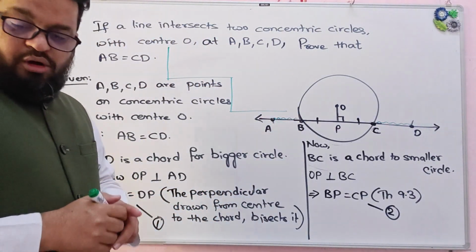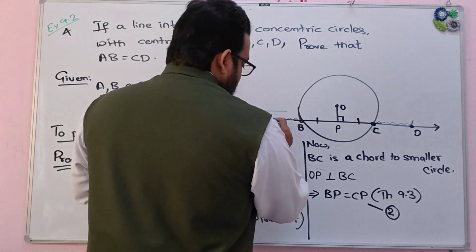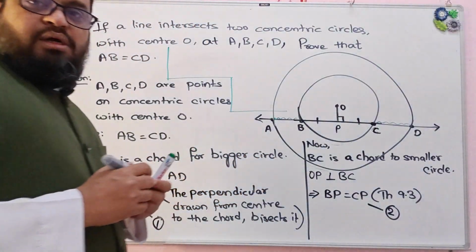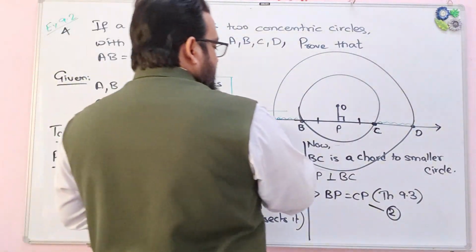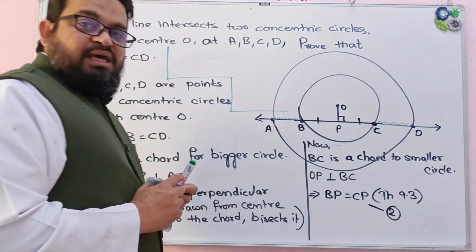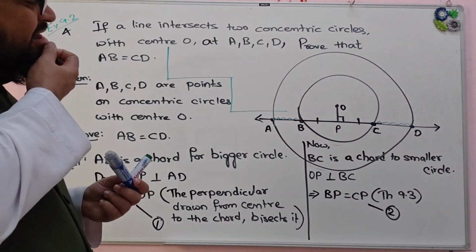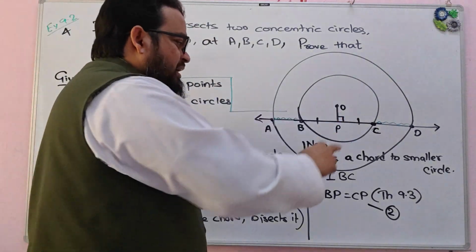So now let me draw the bigger circle. Let us say this is the bigger circle. Now, what is AP? AP is the radius. So what is AD? AD is the diameter of the bigger circle.